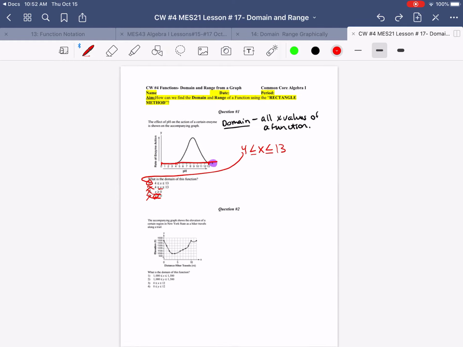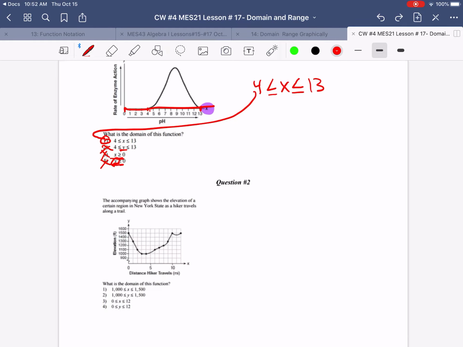We did talk about the rectangle method in the aim. For me, that's when we're talking about the domain and range. You draw a rectangle around the function, so you can see where the function is on the graph, right?